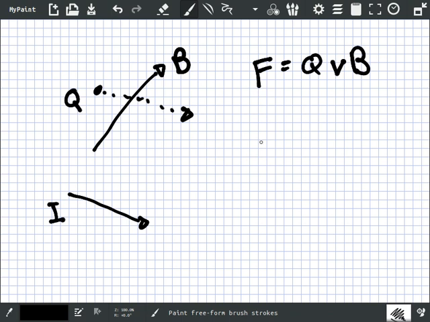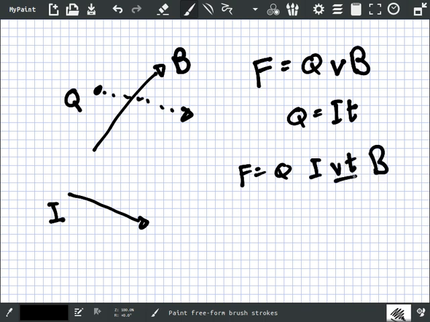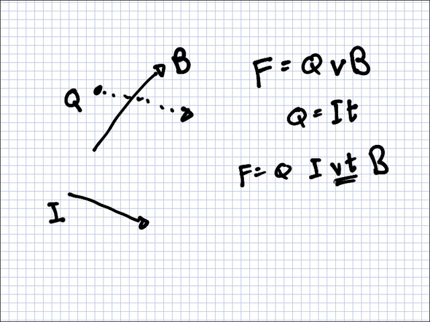Well, you know that Q equals IT. So you can get F equals IVTB. Well, what's VT? Oh, sorry, no Q here. What's VT? It's the distance S. So that's BIL, where L is the length. You seen this before?